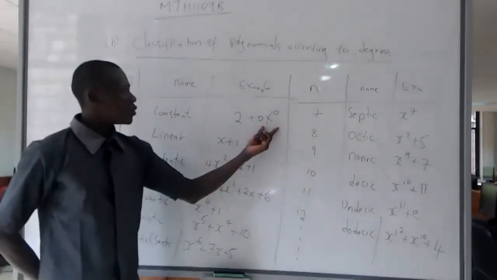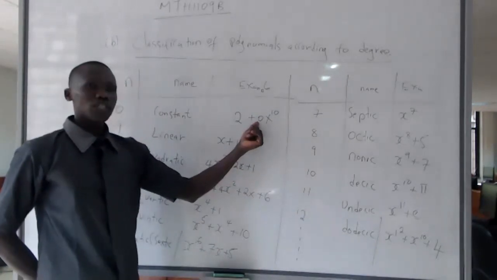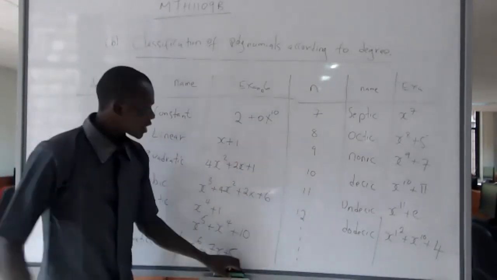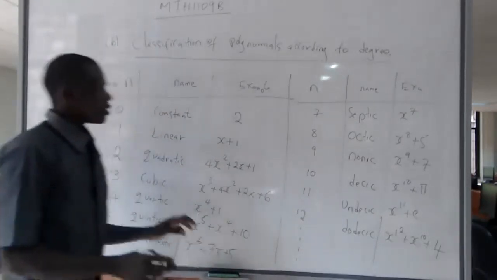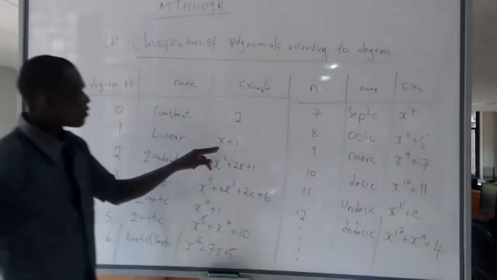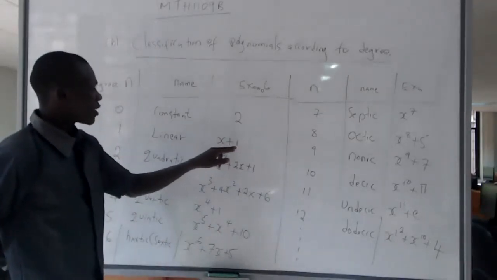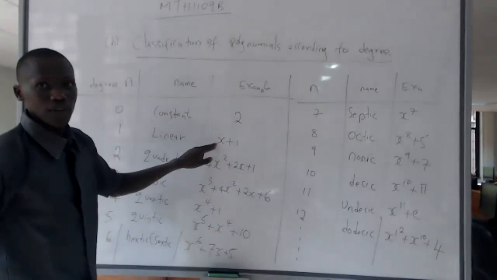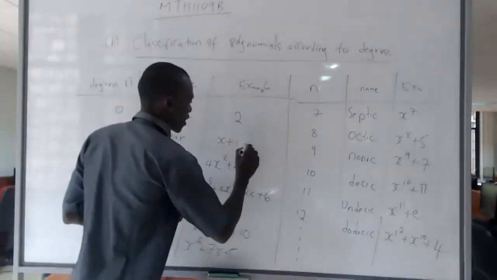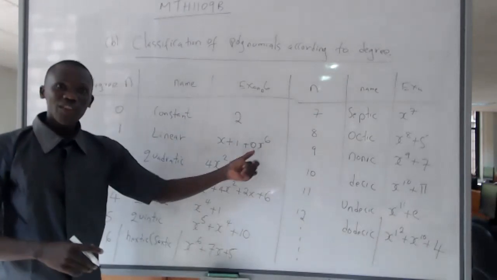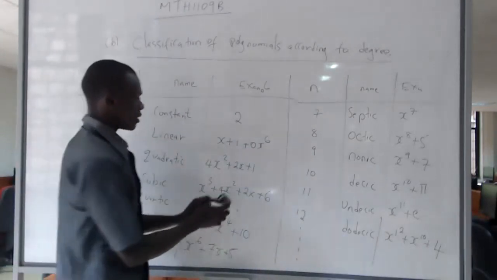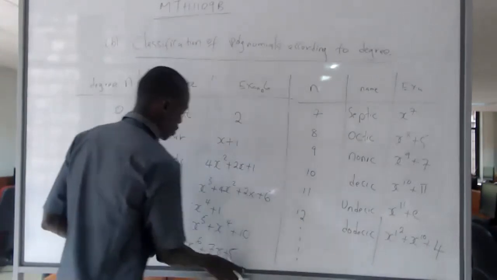So my term with an exponent 10 has a 0 coefficient. This is the same as just writing 2. So when you have, for example, x plus 1, the coefficients we have are 1 and 1, they are non-zero. There could be other terms, like let's say 0x to the 6, but they have 0 coefficients, so they are ignored. Okay, I understand.